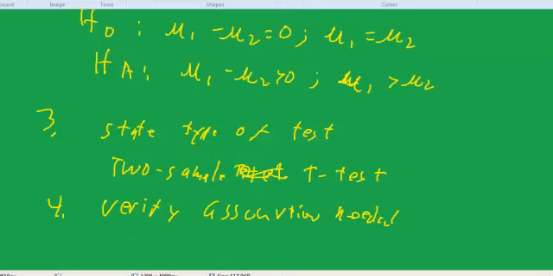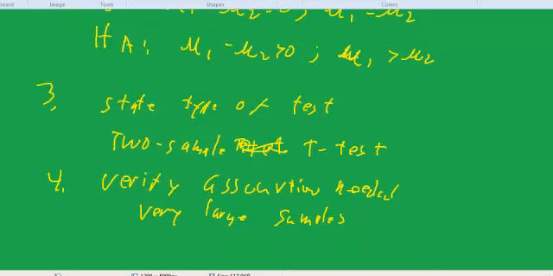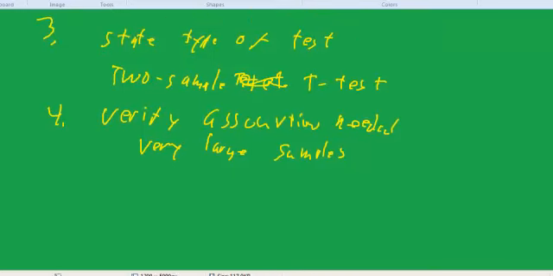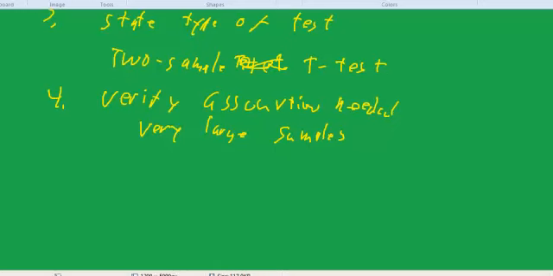In this case, I'll just tell you that we have relatively large samples, and that's really enough to verify the assumptions in this particular case. If we had smaller samples, we'd have to look at the data a little bit more carefully.